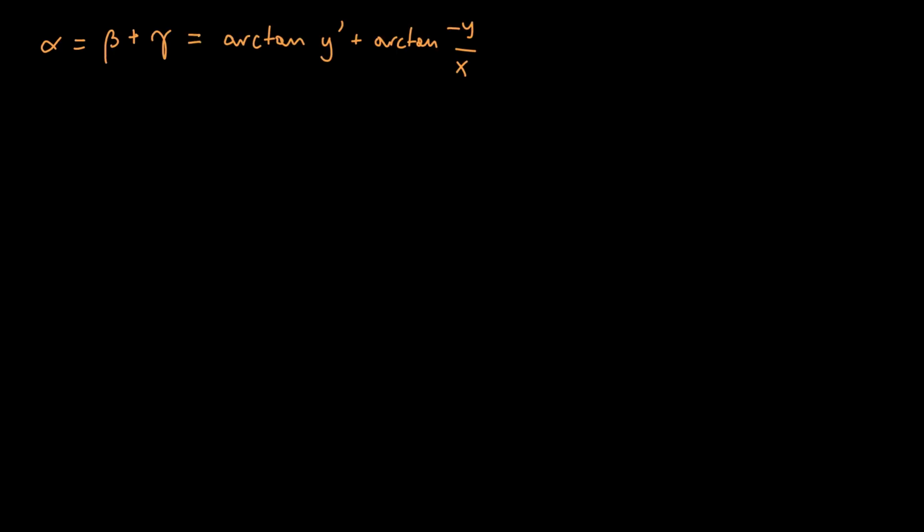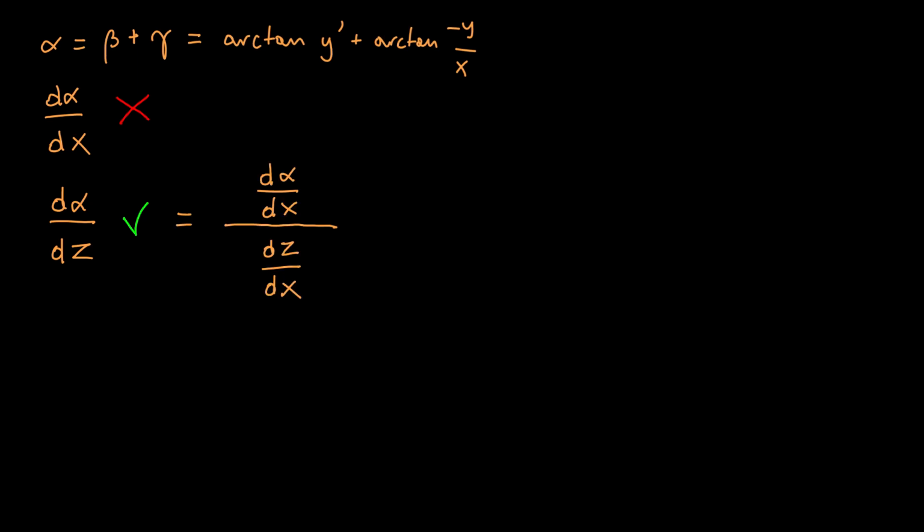Now what we're interested in is the rate of change of this angle. So it's tempting to just calculate d alpha over dx, but this is not the rate of change that concerns us. What we need is d alpha over dz, the rate of change with respect to the distance along the surface, but that can be calculated as the ratio of d alpha over dx to dz over dx. Now dz over dx is simple to calculate.